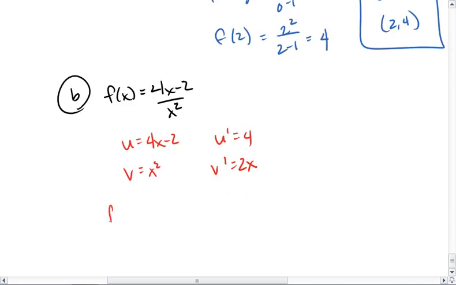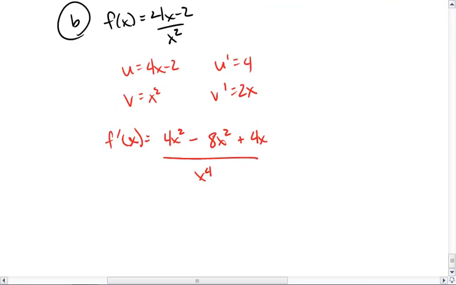And then we find that f prime of x equals 4x squared minus 8x squared, let's see, plus 4x all over x to the 4th. Which is equal to negative 4x squared plus 4x over x to the 4th.